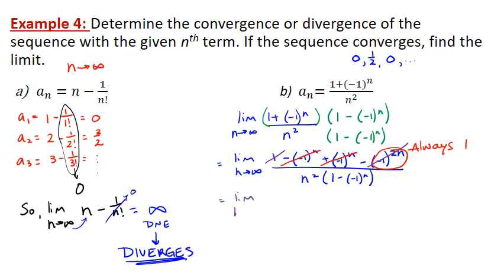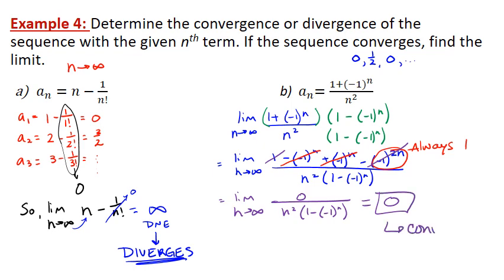So I have the limit as n approaches infinity of 0 over all of this. And I didn't distribute because I could see ahead and knew that I could stop. Remember, anytime 0 is in the numerator of a function, this results in 0. So in this case, the limit is 0. Since the limit exists, this sequence converges.